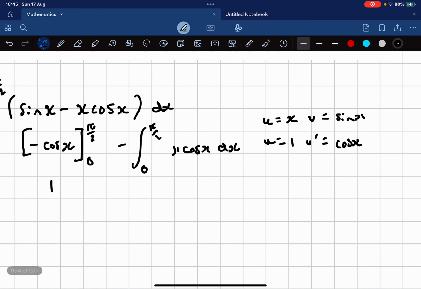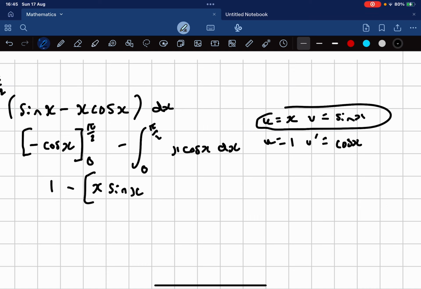So we need to take away uv, because we have a minus sign here. So x sin x, and that's, again, in between these. And plus, because there's a double negative, integral between pi over 2 and 0 of sin x dx, which we know is 1.